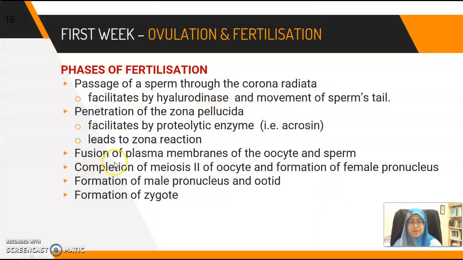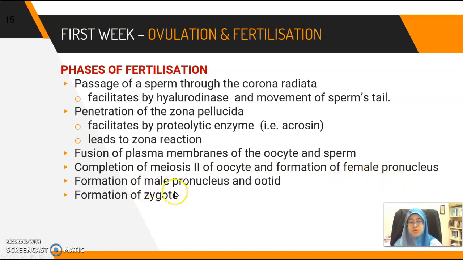Then the plasma membranes of the oocyte and sperm merge together. As I said, the oocyte is kept at metaphase 2 of meiosis 2. Once the sperm manages to fertilize the secondary oocyte, the oocyte completes its meiosis 2, and forms the female pronucleus.